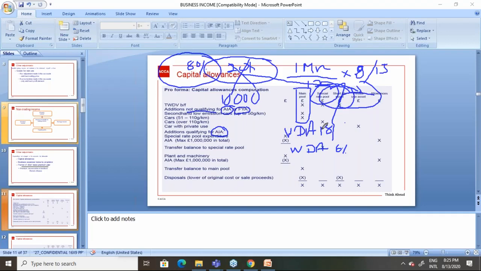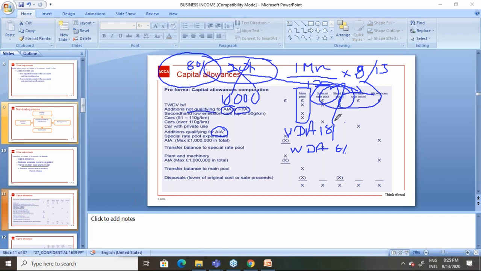And on the special rate pool items, you can claim a WDA of 6%, if the period of account is 12 months. If it is different from 12 months, then you need to time apportion again. Short life asset, you maintain a separate column, and within a period of 8 years, you will sell the asset.